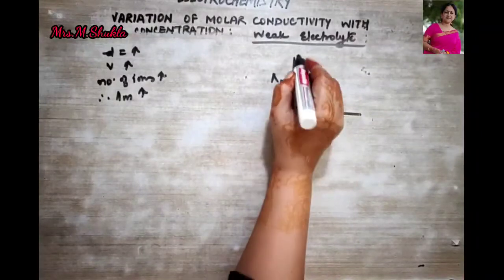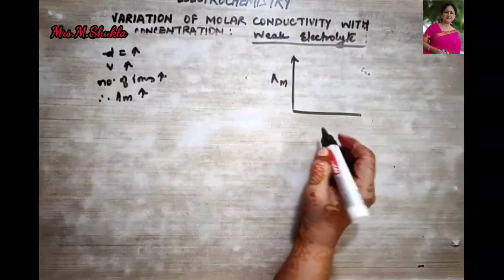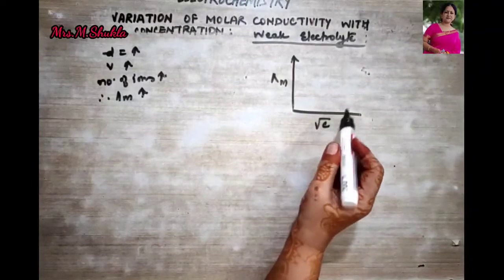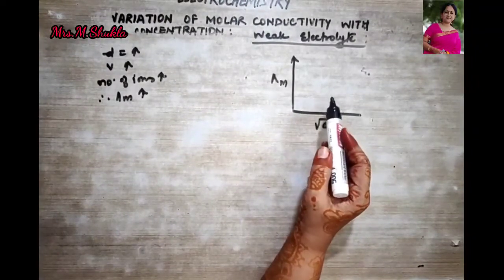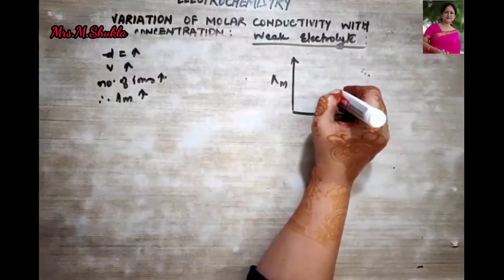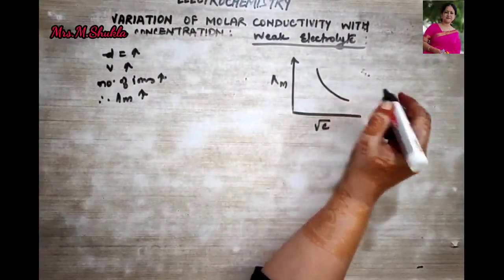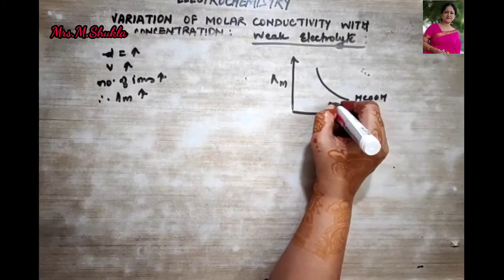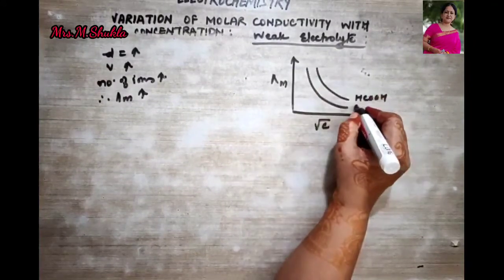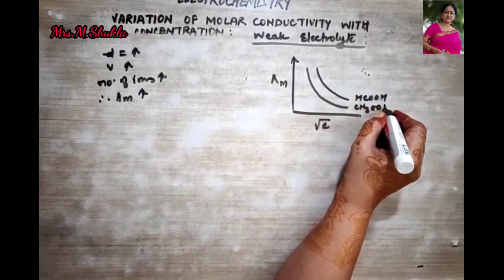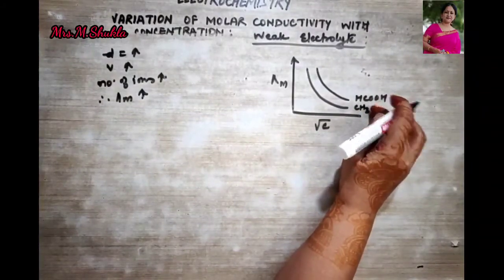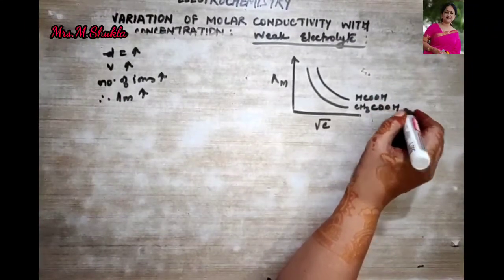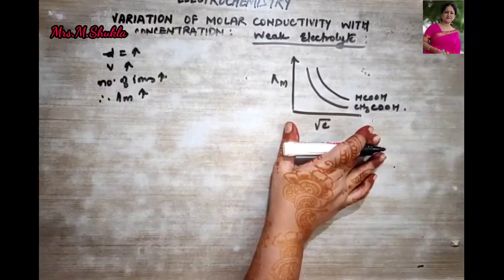If this is your molar conductivity, again see, as we are going to move towards the left, now suppose we take formic acid and acetic acid. What are we going to see over here?